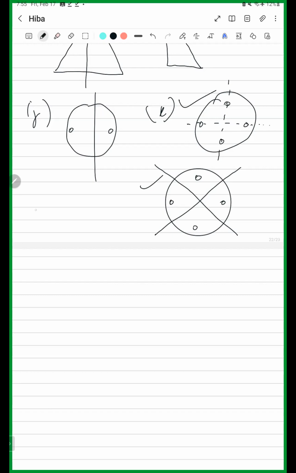Then the K, L part. 3 circle holes. It will be horizontal. So you are saying like this. No, sorry, I meant vertical. Good. Vertical.